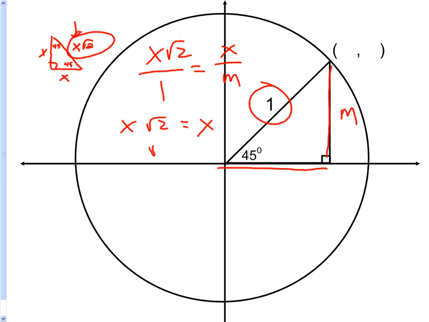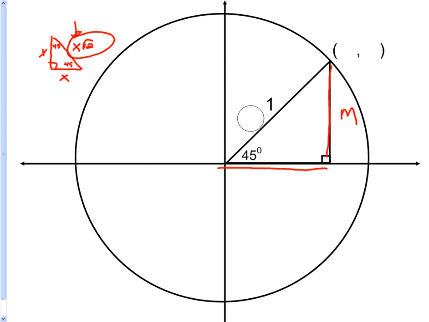Somebody have a smarter way to do this? It's really pretty simple. What's M got to be? M is not 1. 1 divided by the square root of 2. Very good. So M is equal to 1 over square root of 2, which is also known as root 2 over 2.